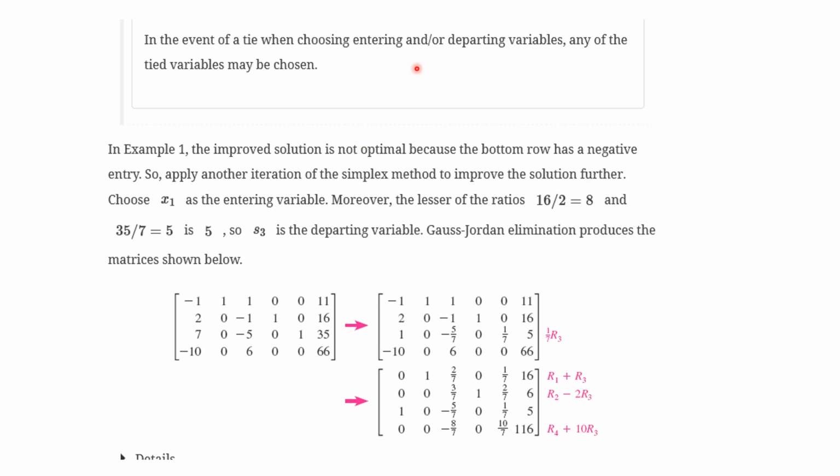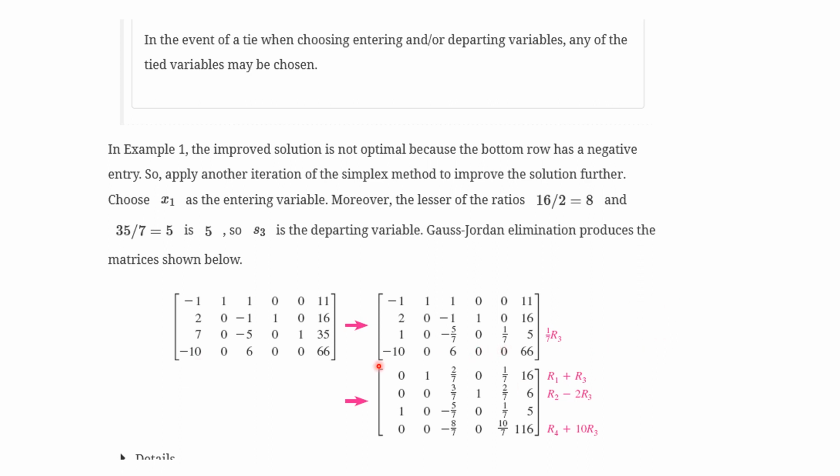Now in the event of a tie, when you're choosing the entering or departing variable, you can choose any one of the tied variables and it will work out. Now we're still not optimal, because if we look at the bottom row, there's still a -10 there. So I'm going to look at this column, and I'm working to enter x1 into the solution.